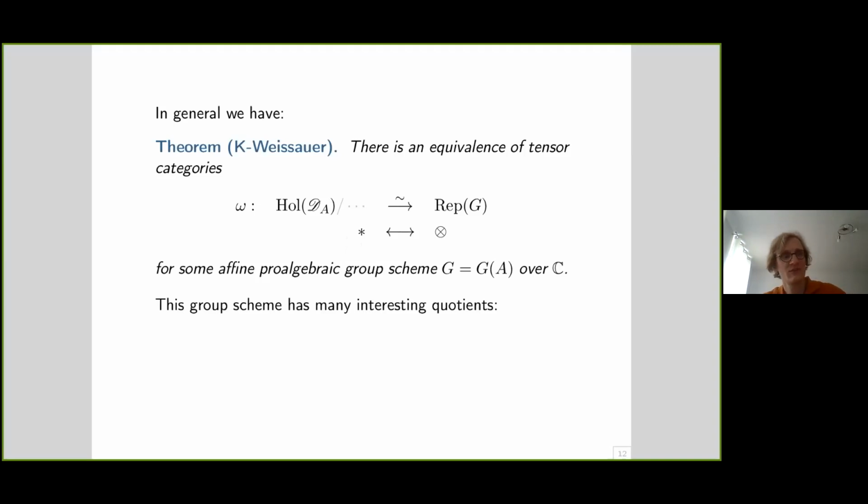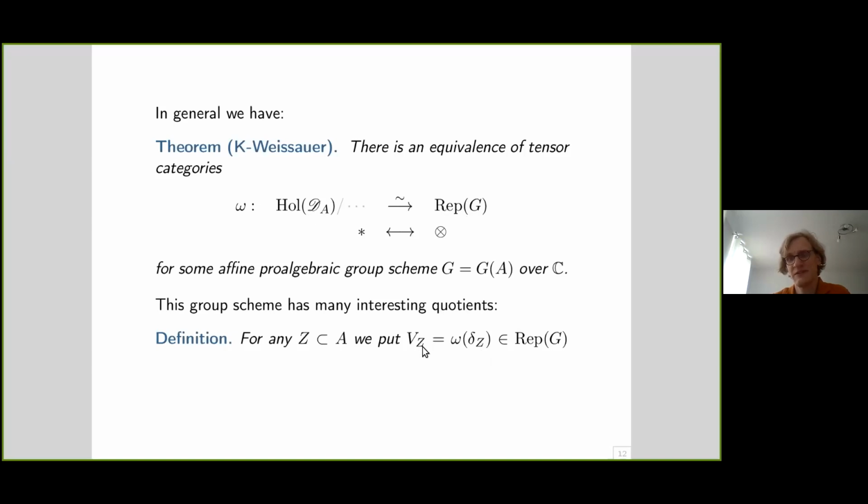So this group scheme is too big for us to deal with, but it has lots and lots of interesting quotients. So for instance, for any subvariety Z in A, you can look at this intersection complex delta Z, so this Dirac module supported on Z. So this lives in this category, and then you send it to the right-hand side, you get a representation of this group scheme.